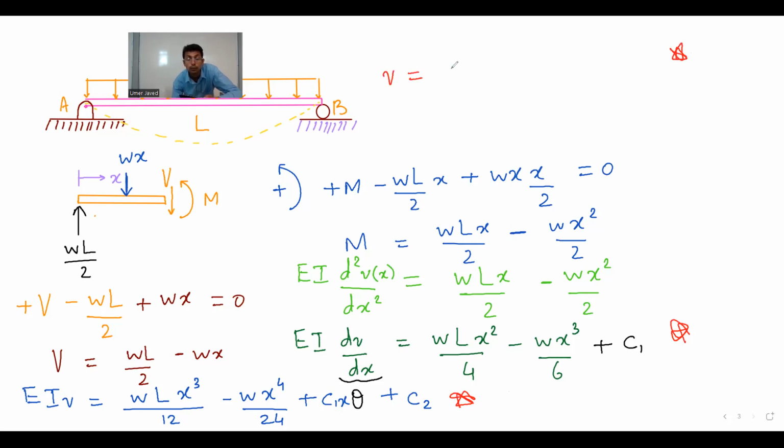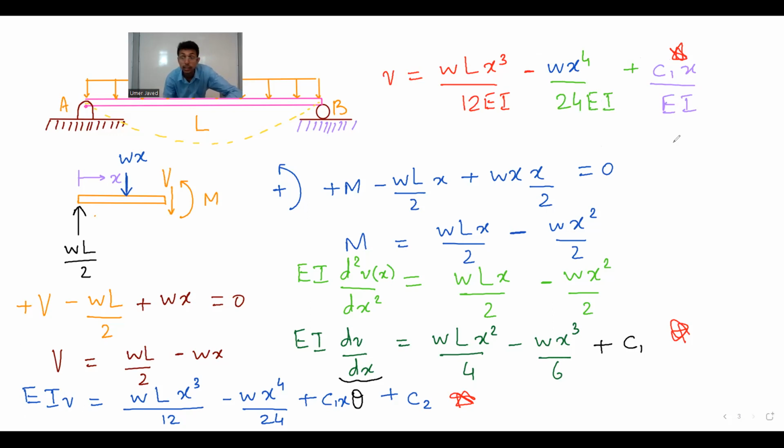So now V is equal to WL x power 3 over 12 EI minus W x power 4 divided by 24 EI plus C1 x over EI and plus C2 over EI, correct?